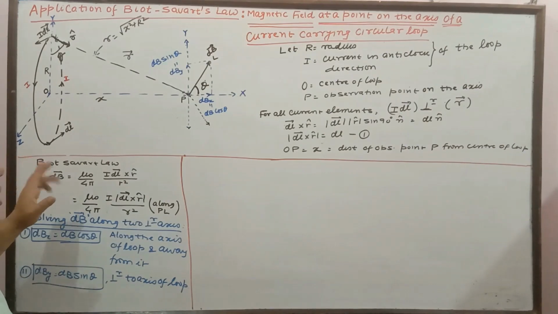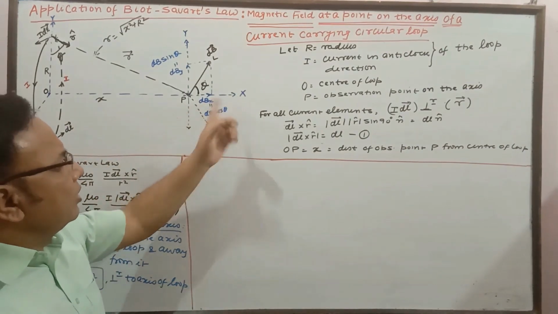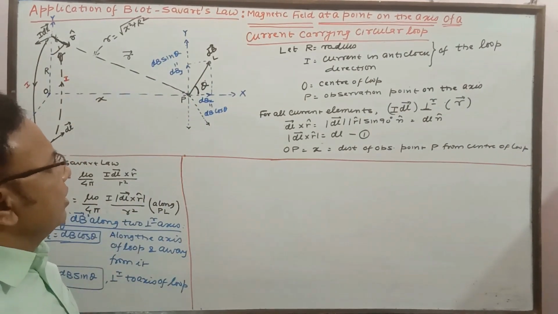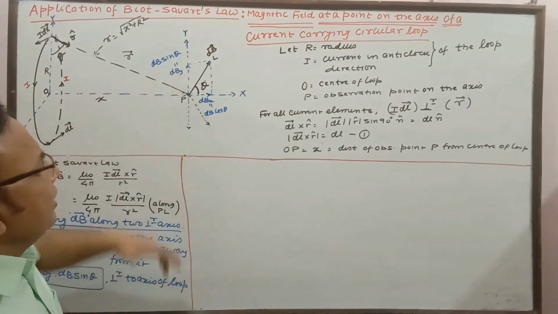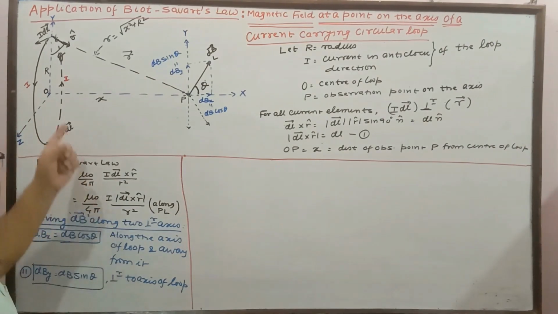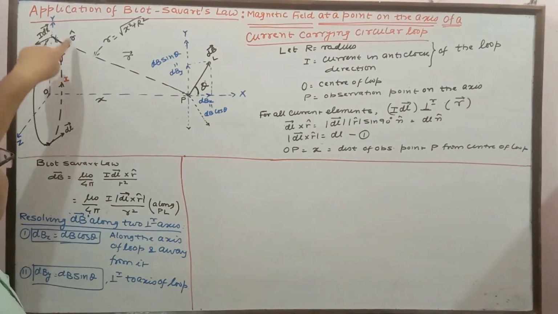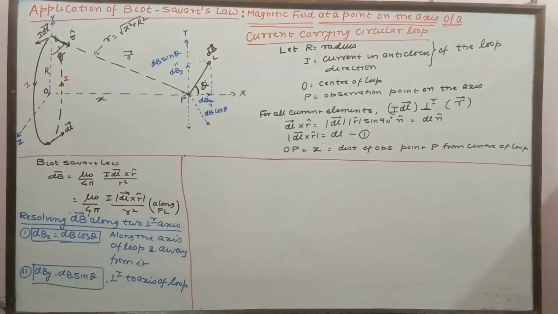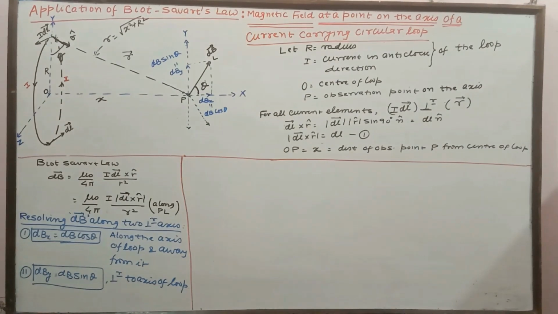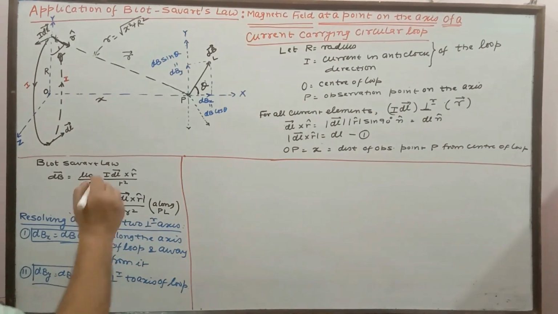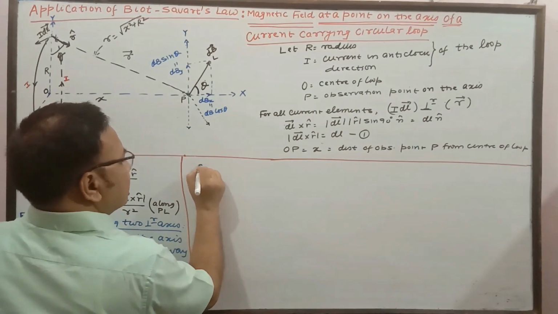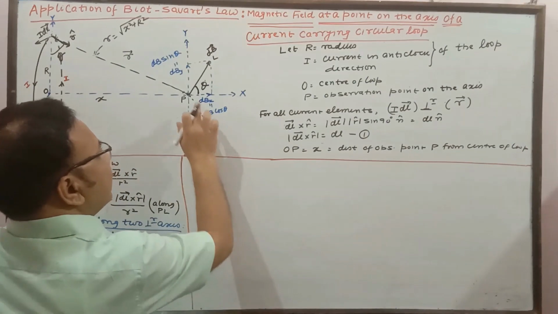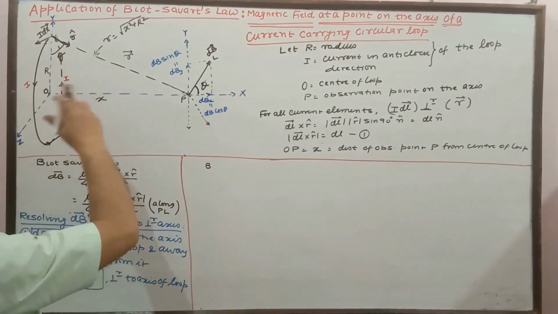The same principle is there for each and every diametrically opposite pair of current elements. So finally, only the x component of magnetic fields due to all the current elements will exist and all y components are cancelled out. The reason is this particular current loop is symmetrical about this axis OX. So finally, the magnetic field at point P is due to the vector sum of all the x components of the fields of the current elements of the loop.